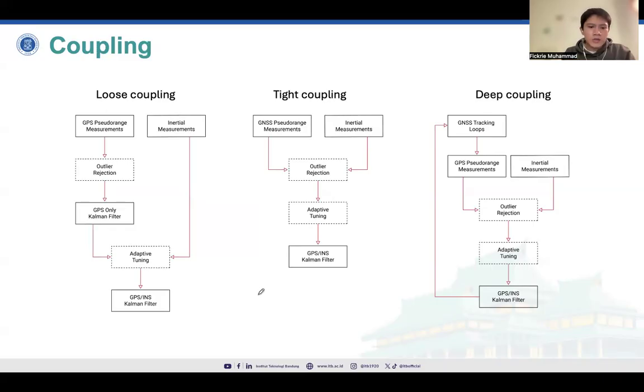Both of them are running their algorithms separately, and at the end we combine them with the adaptive tuning or Kalman filtering, and then we have the GPS and INS Kalman filtering.